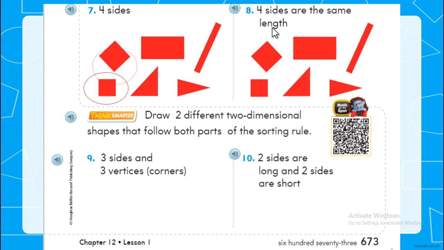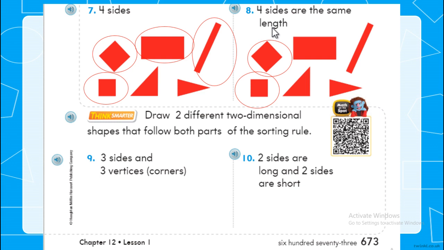The square, another square, a rectangle, and a taller rectangle. In question number 8, 4 sides, but careful here, that are the same length. Which shapes have the same length sides? Only the squares. You cannot circle the rectangles here.